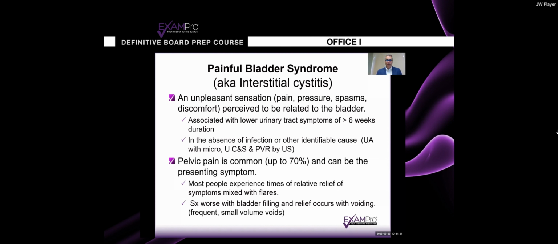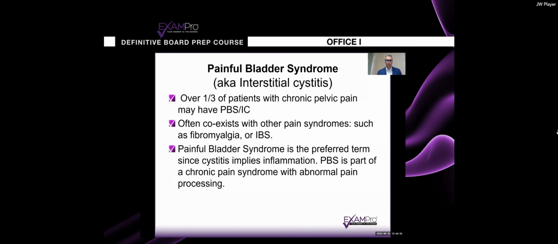They tend to have waxing and waning pain presentations, so their pain will be worse, then they'll have relief, then they'll get flares. So again, a very important topic to have some working knowledge of. I want to mention that about 1/3 of the patients with chronic pelvic pain will have painful bladder syndrome. And I already talked about the fact that it coexists with other pain syndromes and the preferred terminology.